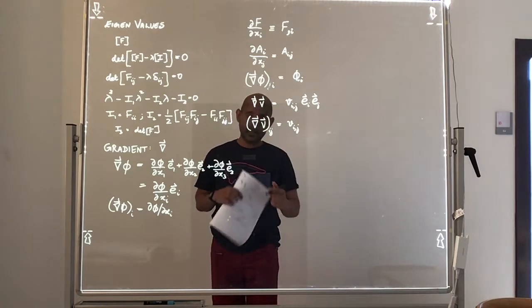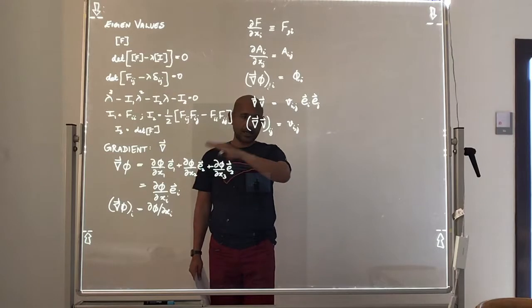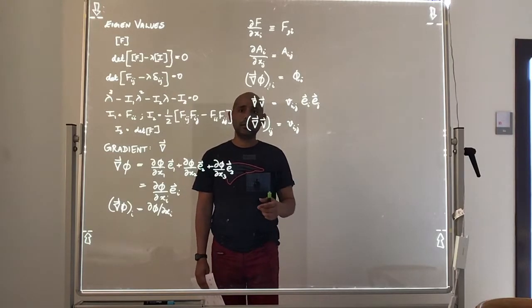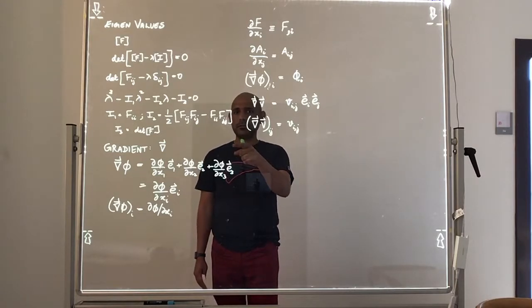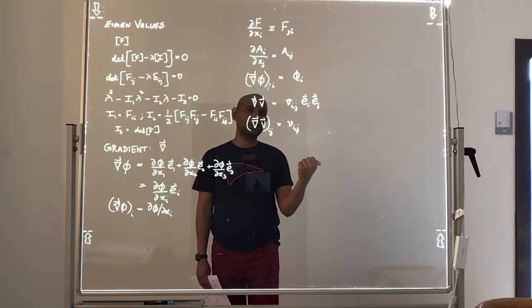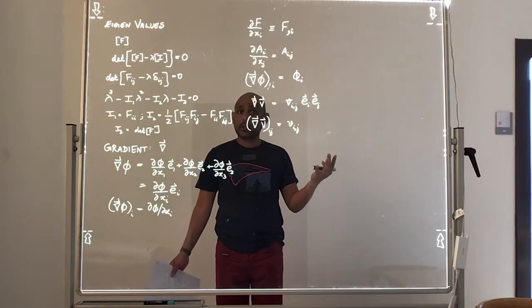So if I had a scalar field, for example, topography, then the gradient is telling me, if I were to go in the north direction, how quickly is the topography changing? If I were to go east, how quickly is the topography changing, etc. That's pretty straightforward to impute.